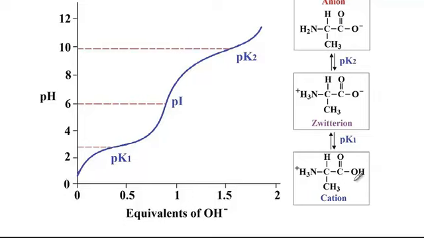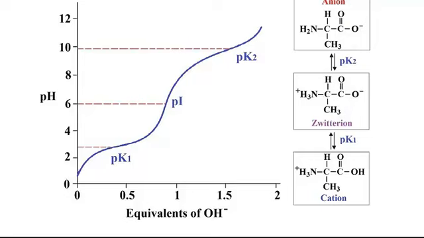So it's a positively charged amino acid, or a cation. As we increase the pH and go beyond the pK1 of the COOH, the COOH will lose its H plus and form a COO negative. So at this point we have a zwitterion, because we have both a negatively charged and a positively charged group in this molecule, but the net charge is 0.